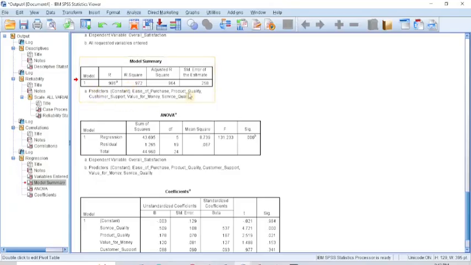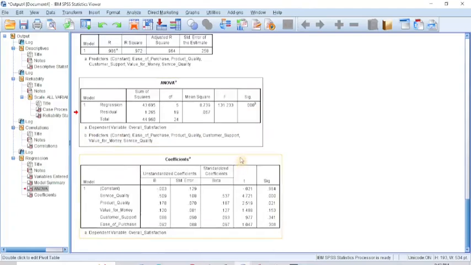This is an exceptionally strong model, indicating that these factors almost completely explain how customers feel about your service. From the ANOVA table, the regression p-value is 0.000, which is less than 0.05, indicating the model is statistically significant. Suffice to say that at least one predictor has a meaningful effect on the overall satisfaction.